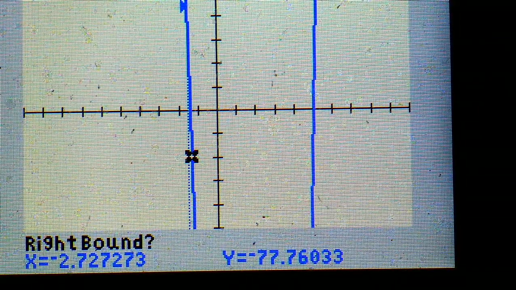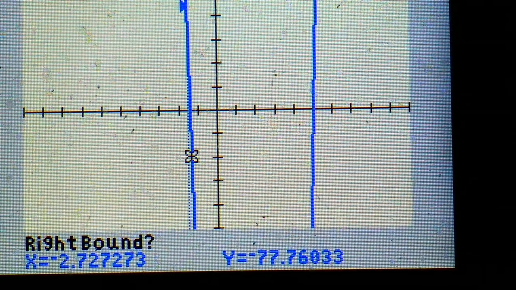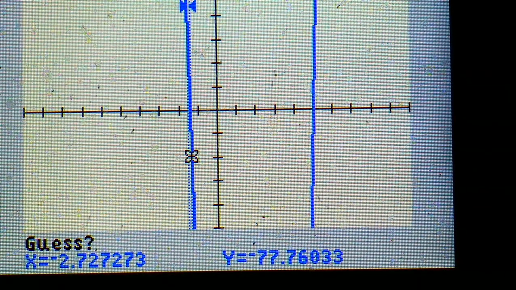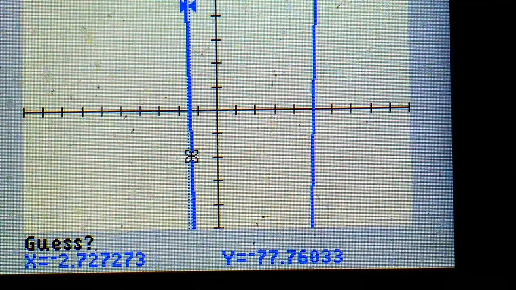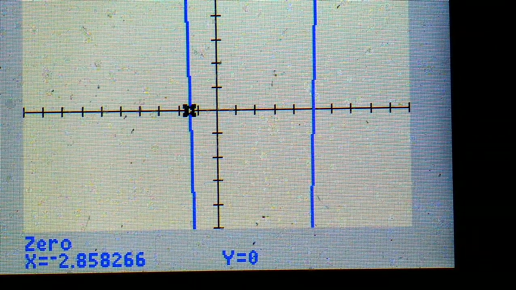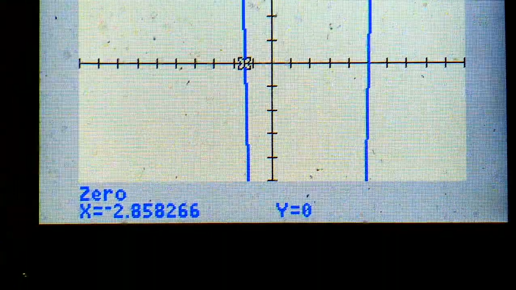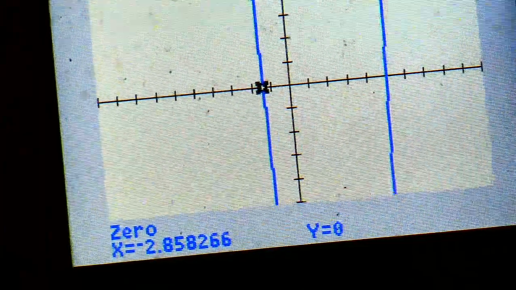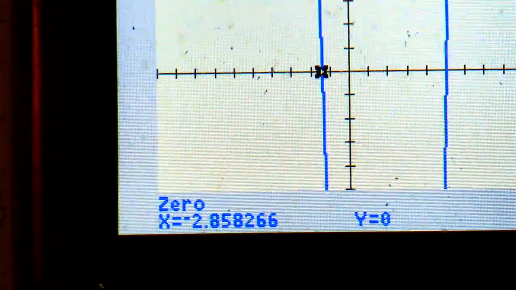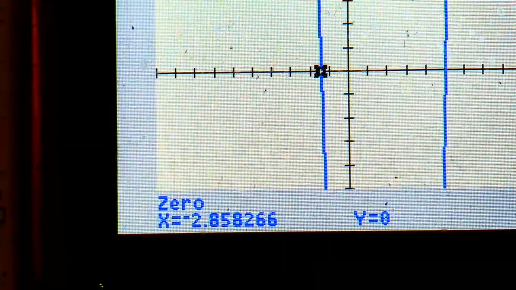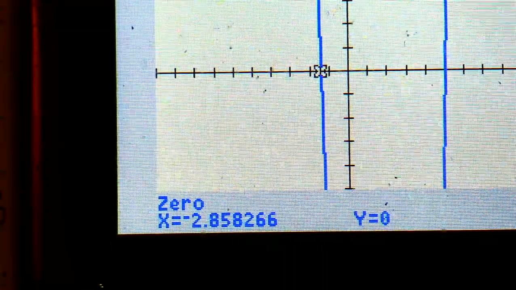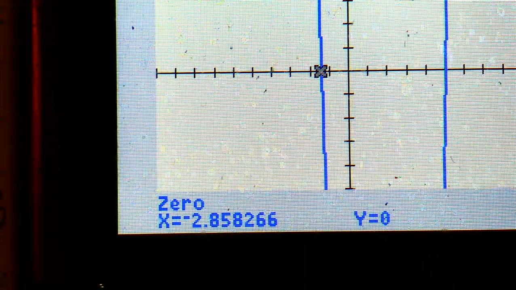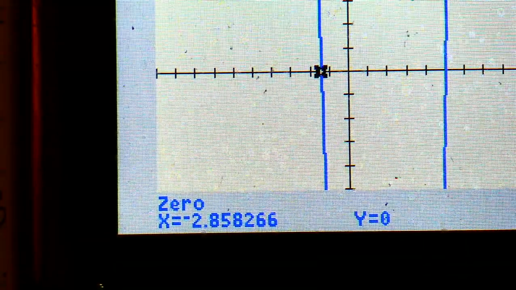I'll make that my right bound. And I can't really pick something in between, so I'll leave my guess as here. And boop, there is the answer. Velocity of A after they collide is negative 2.86 meters per second.